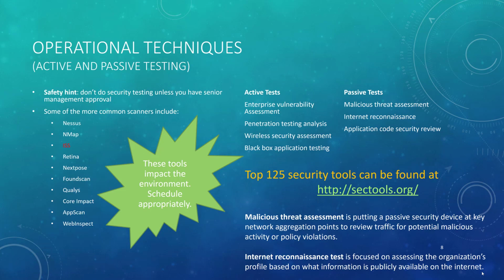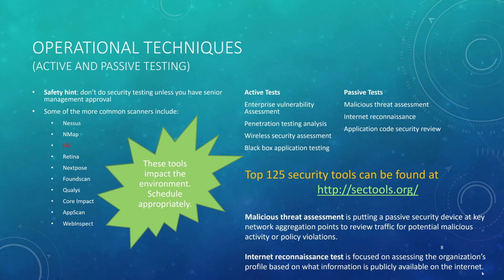There are lots of tools out there that can do vulnerability assessment, penetration testing, wireless security assessment, or black box application testing. And in fact, there's a link there to the top 125 security tools that you could potentially use. And I previously mentioned only the active tests. There are lots of passive tests that can be done as well.